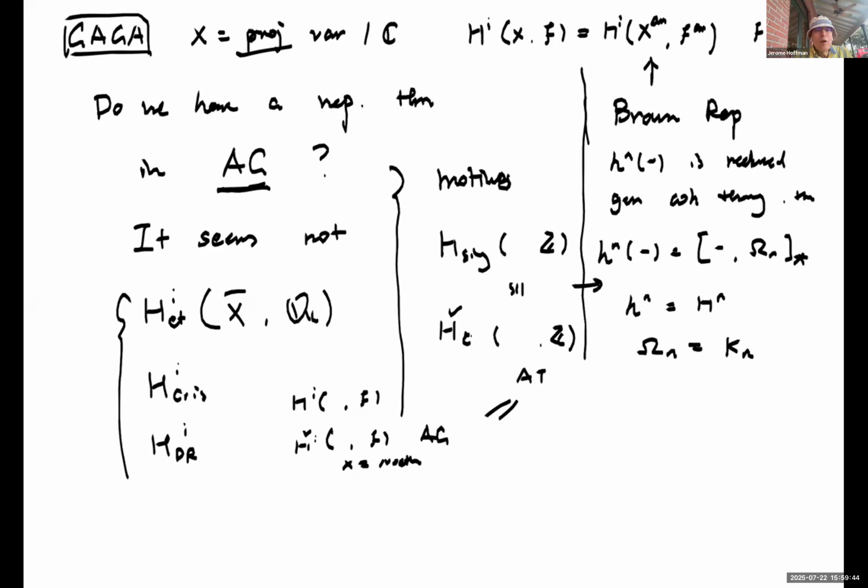Well, let me make one other comment. There is an application of the Brown representability theorem to prove the duality theorem. This is a very ingenious argument due to Amnon Neeman. He uses the derived category.